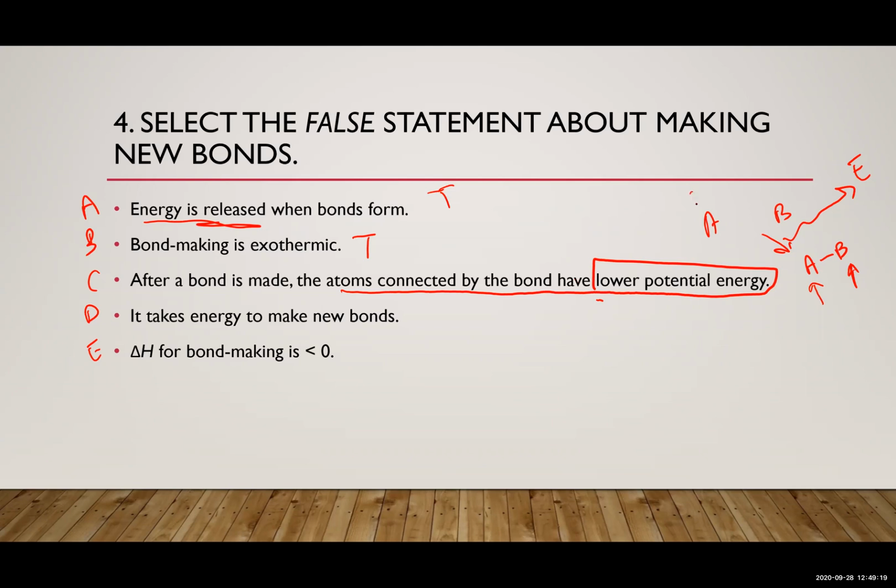Remember, A and B have some energy, let's say 100. They connected and some energy was released, maybe 50. So now A and B have lower or higher energy than before making the bond? They released it. If you have $100 in the beginning and when you connected you lost 80 of it, now you have more money or less money?